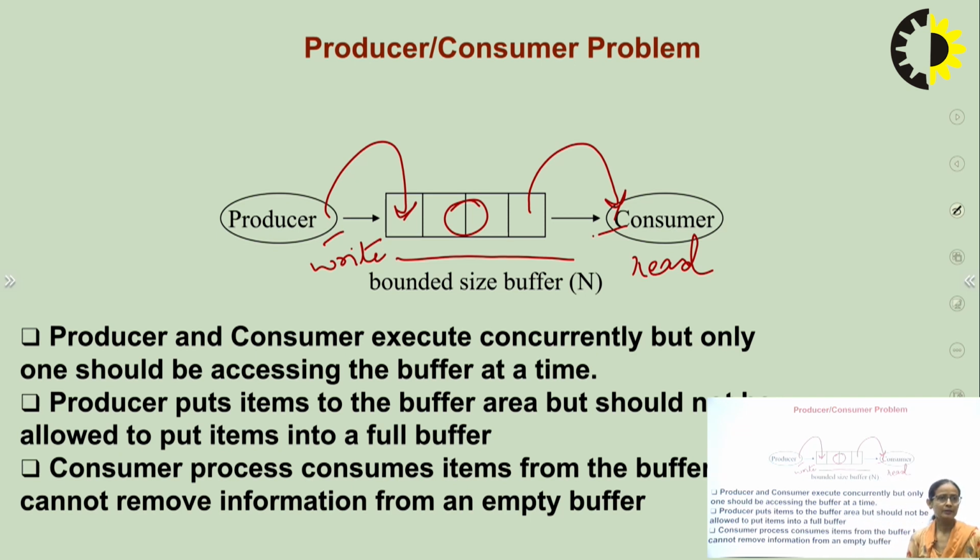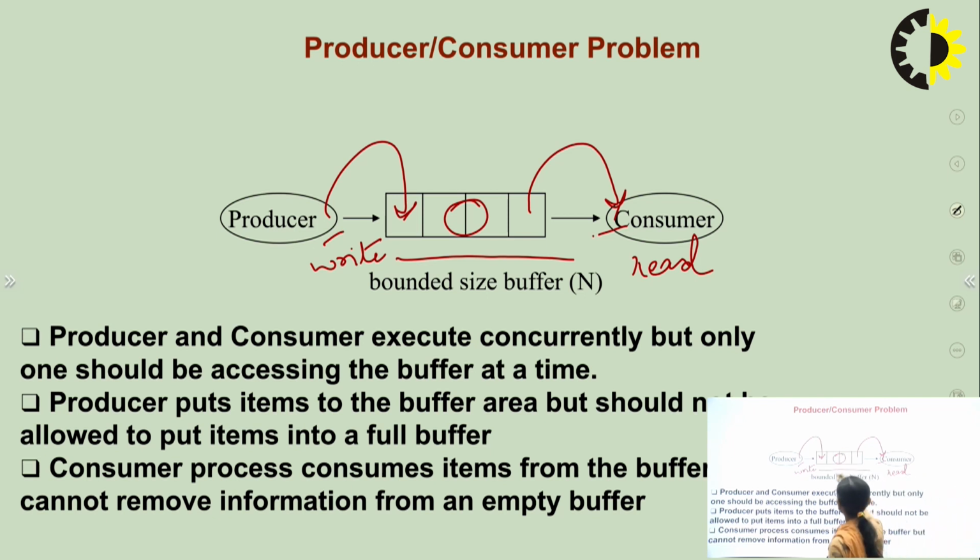In that case, there may be a possibility that the consumer is reading the data or the producer is writing the data in such a location which makes the data inconsistent. So the producer is putting items into the buffer but should not be allowed to put items into a full buffer. That is the condition we need to check.